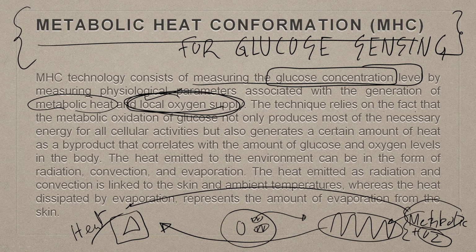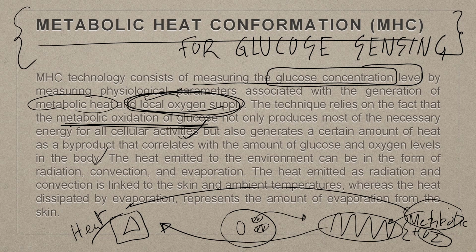The technique relies on the fact that metabolic oxidation of glucose, that is what I was trying to tell you, metabolic oxidation of glucose not only produces most of the necessary energy for all cellular activities, but also generates a certain amount of heat as a byproduct that correlates with the amount of glucose and oxygen level in the body.